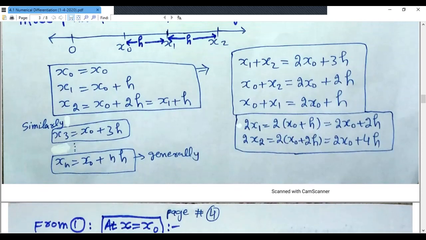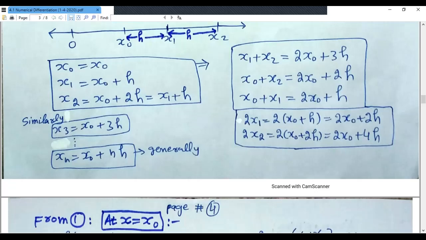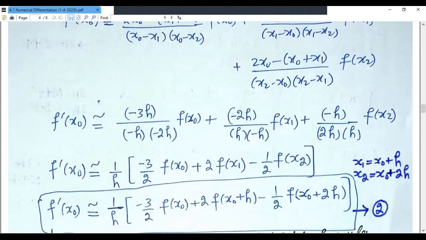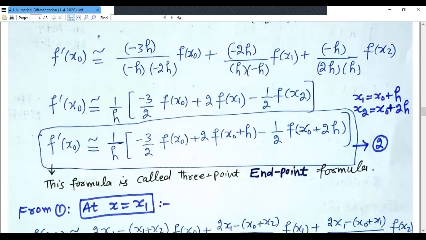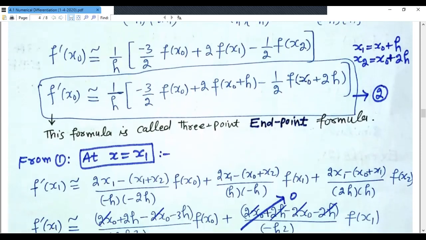From here, we can say 2x naught minus x1 plus x2 is equal to minus 3h. Similarly, 2x naught minus this will be minus 2h, and 2x naught minus this will be minus h. Using these values, and also x naught minus x1 is of course minus h. Using all this information from equally spaced data and simplifying, we have derived this formula, which is called 3-point endpoint formula for first derivative.